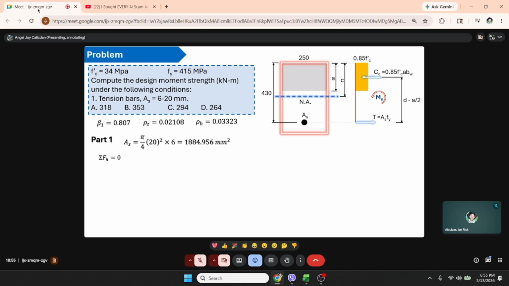And based sa atong stress diagram, let us sum up moments horizontal equal to 0, Cc equals T, and substituting this: 0.85 fc prime a b w equals As fs, kay wala pa ta kabalo if nag-yield ang tension bars or wala.